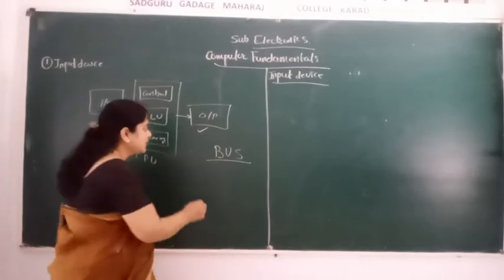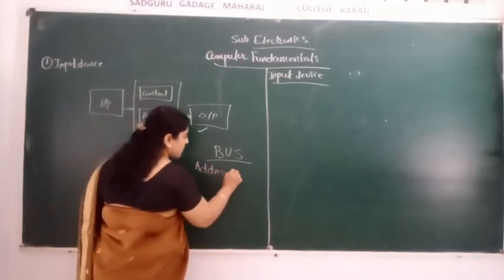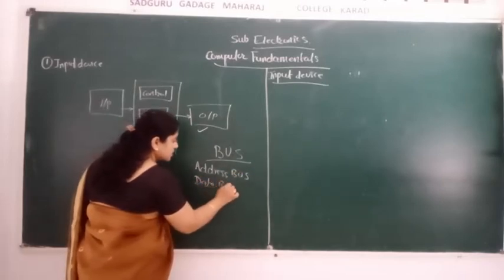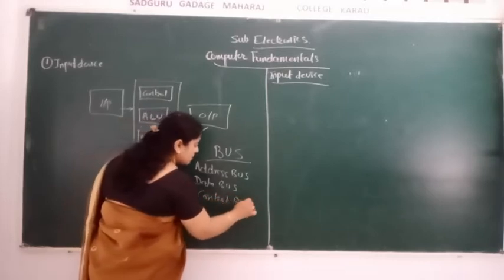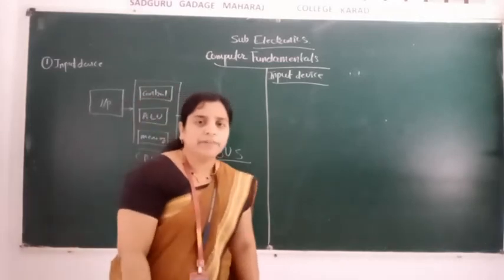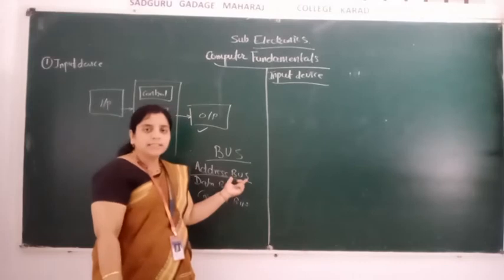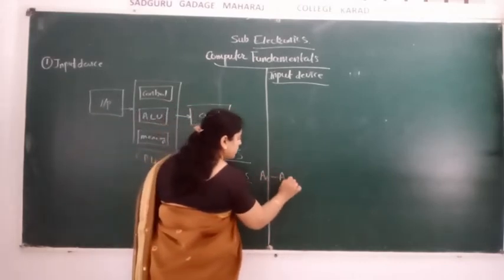So mainly there are three types of bus: address bus, data bus, and control bus. The address bus is used to give the address of the peripheral devices to the microprocessor. It is 8-bit, A0 to A7.